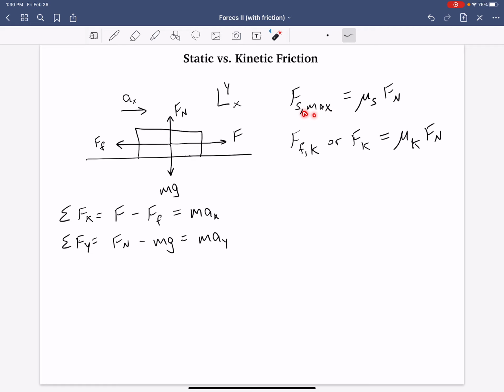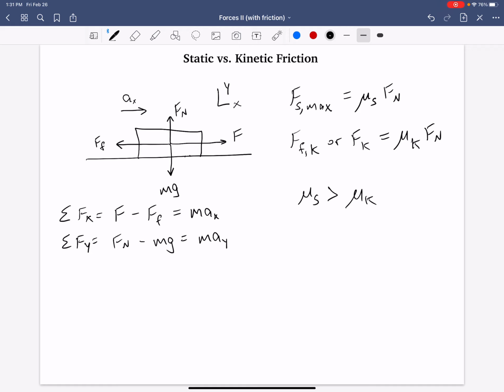This is the friction when the object is at rest. And because of that, the coefficients are typically like this: mu s is typically always bigger than mu k. It's harder to get an object to move than it is to keep an object in motion.